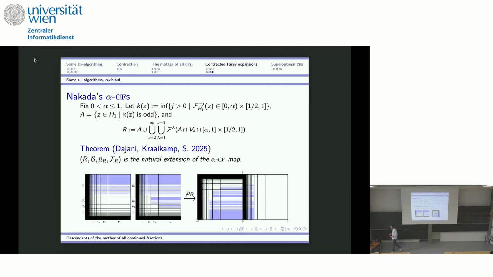So for this particular example, this would be the domain under the image of the isomorphism map. With this domain, when you project down onto the x-axis, you see the one-dimensional alpha continued fraction map. So it's immediate to see that the alpha continued fraction map is a factor of this induced system.